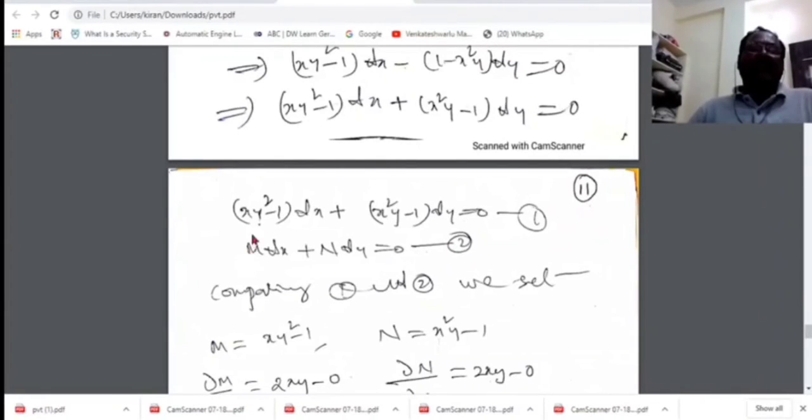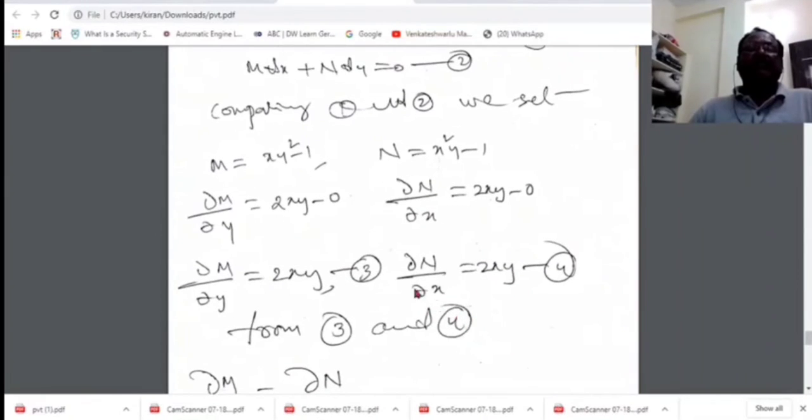The value of M is equal to xy² minus 1, and the value of N is equal to x²y minus 1.